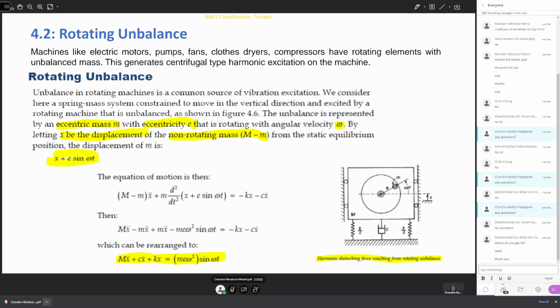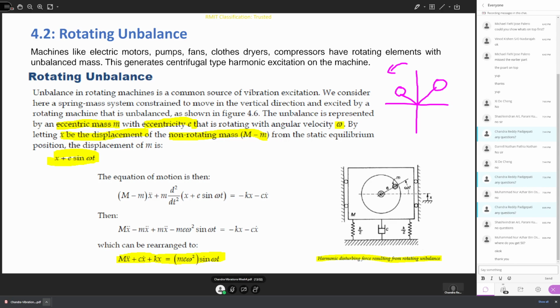Let us say there is a mass, and let us say there is another mass, and the system is having a rotation.